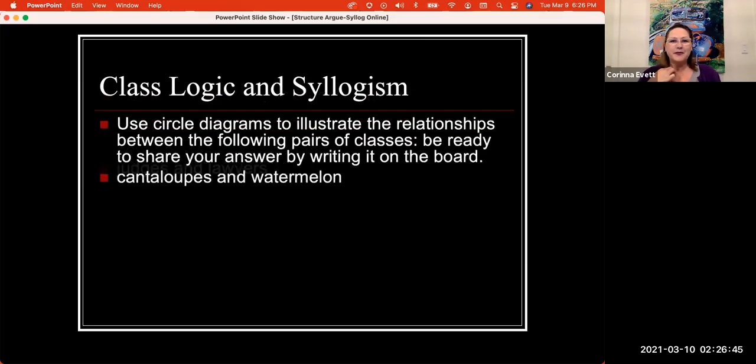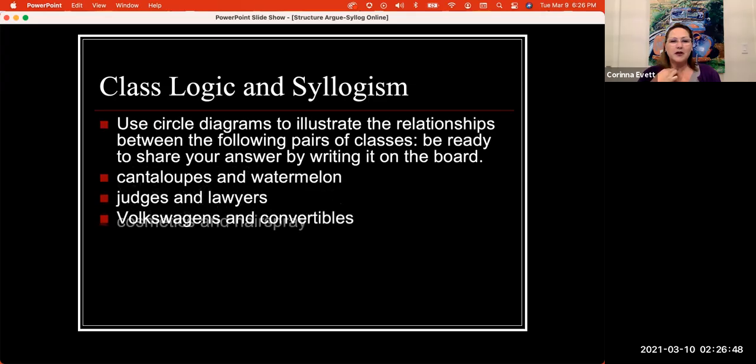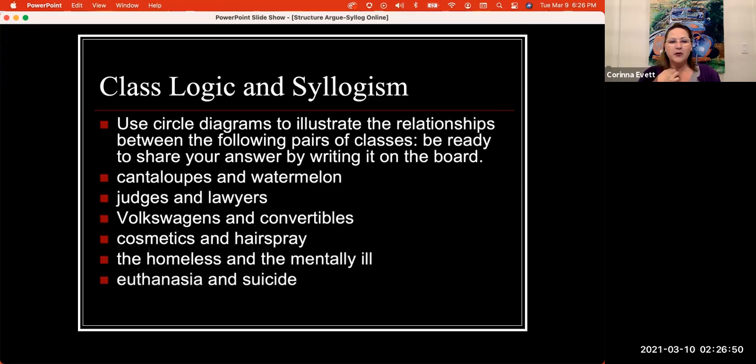So I want you to think of this on your own, and what you're going to find is the first few are pretty easy, but when we get to more controversial topics toward the bottom of this list, what you're going to find is your own worldview about these topics, your own inferences and judgments about these topics will inform how you view the relationship between the classifications.